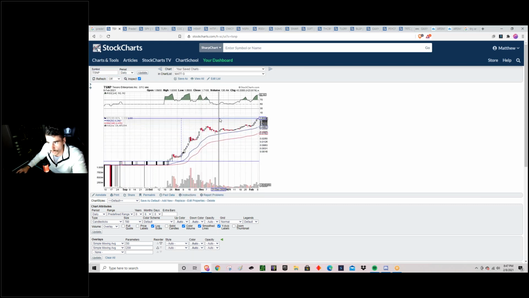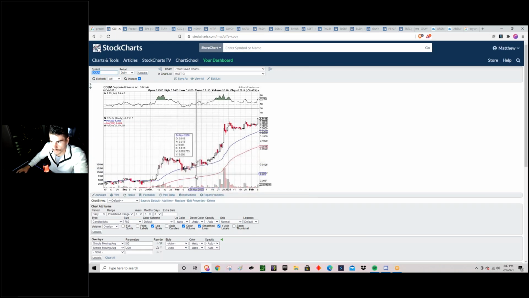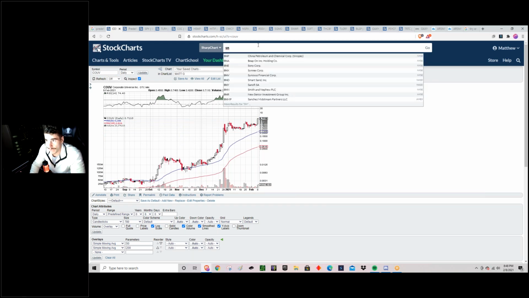This thing's gone almost 80,000% over the last couple months. It's mind-boggling. You can't even wrap your head around it. COUV, another one that comes to mind, came from sub penny to now 70 cents, 20,000%. The list goes on and on.